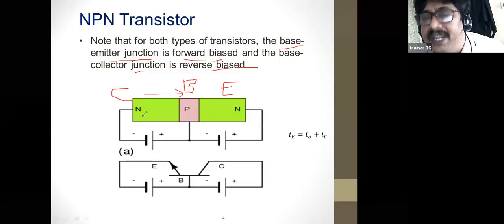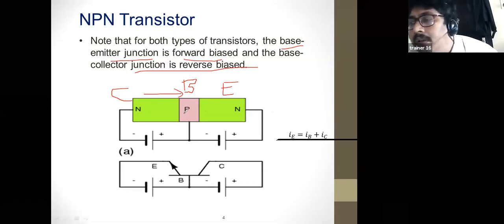That is because it is n type, having free electrons or more electrons. That means from the collector, the electrons flow towards p type. So that is a collector current, right or wrong? Correct. That is a collector current. Do you understand?